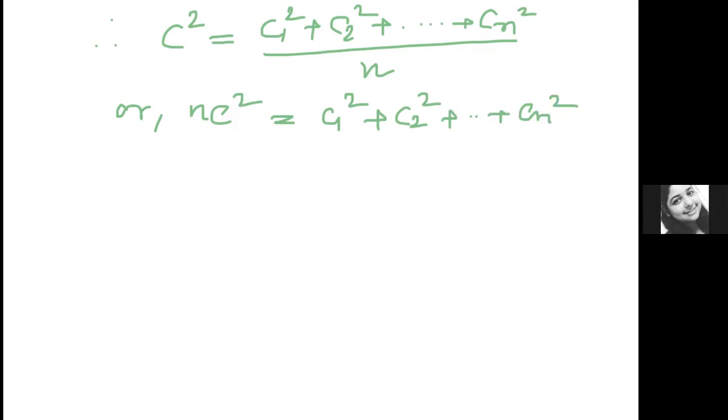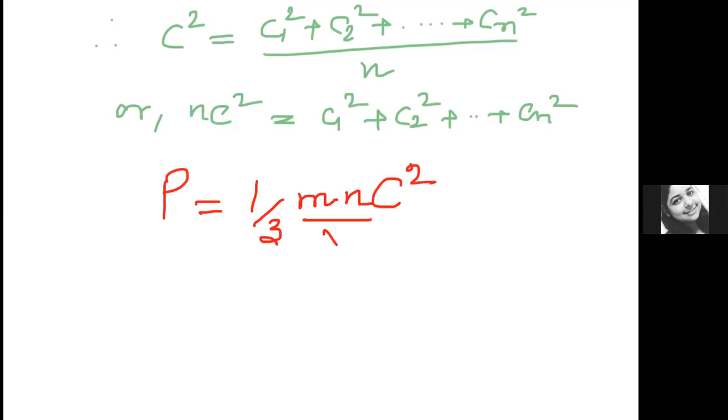Substitute this value in equation number 5 and you'll get P is equal to 1/3 m n c square by v. You must have got this, right?